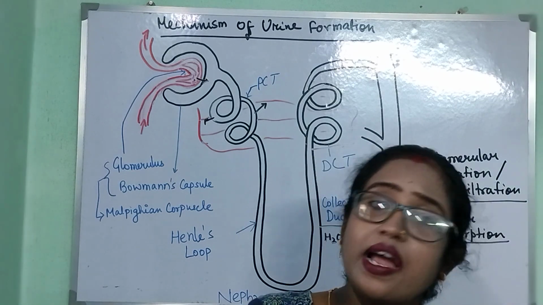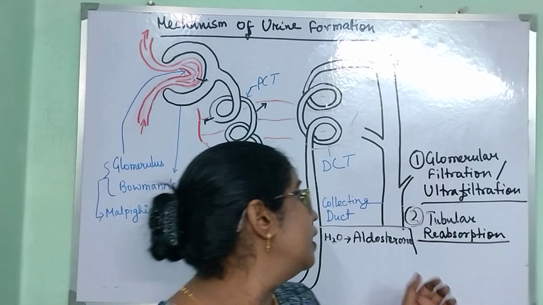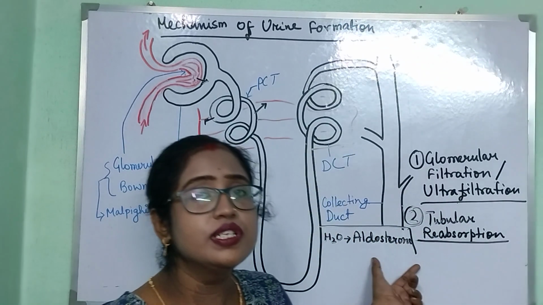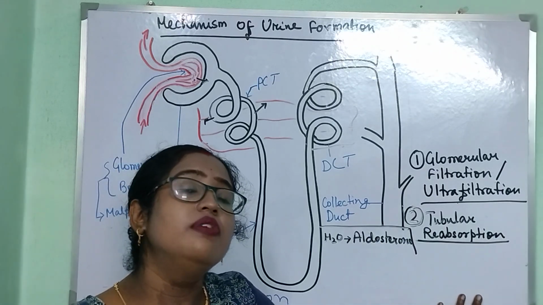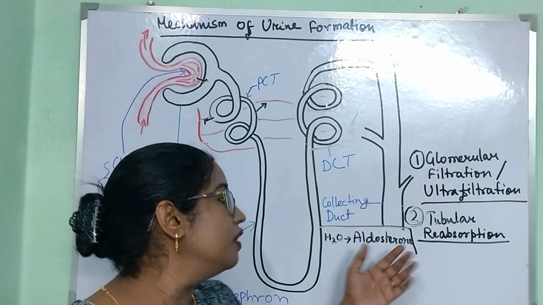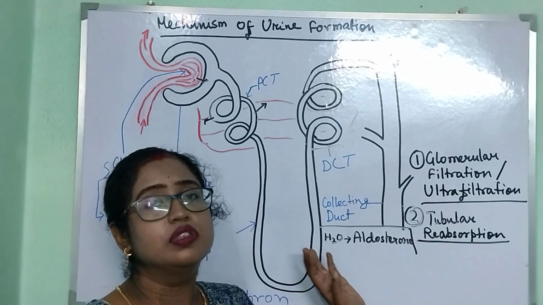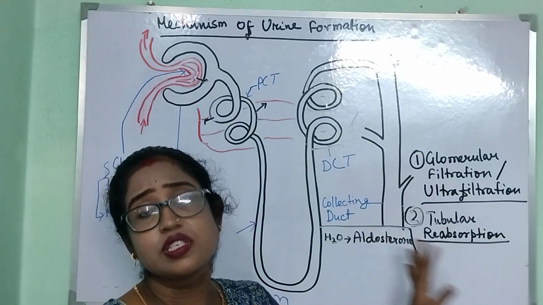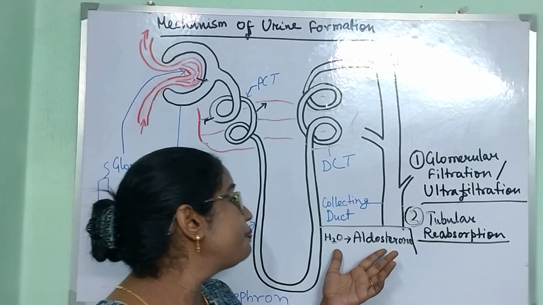It acts as an endocrine gland. So the aldosterone hormone is secreted from the cortex portion of the adrenal gland. We will discuss this hormone's role and the structure of the adrenal gland in our next chapter.